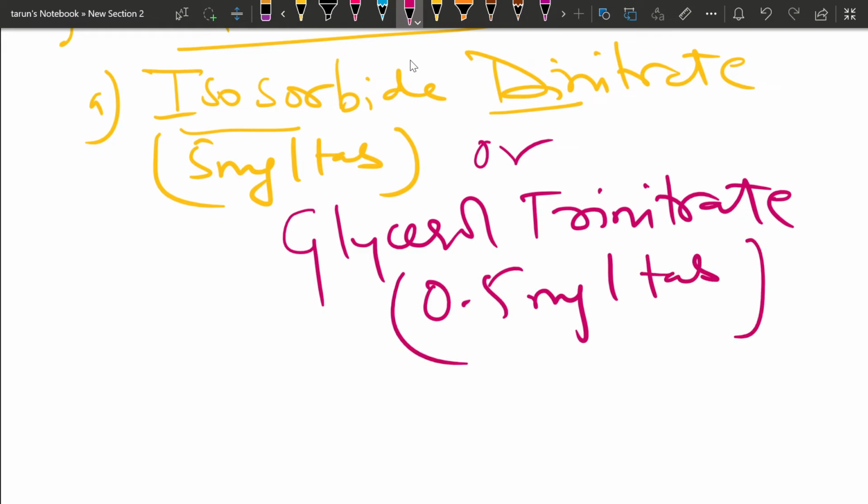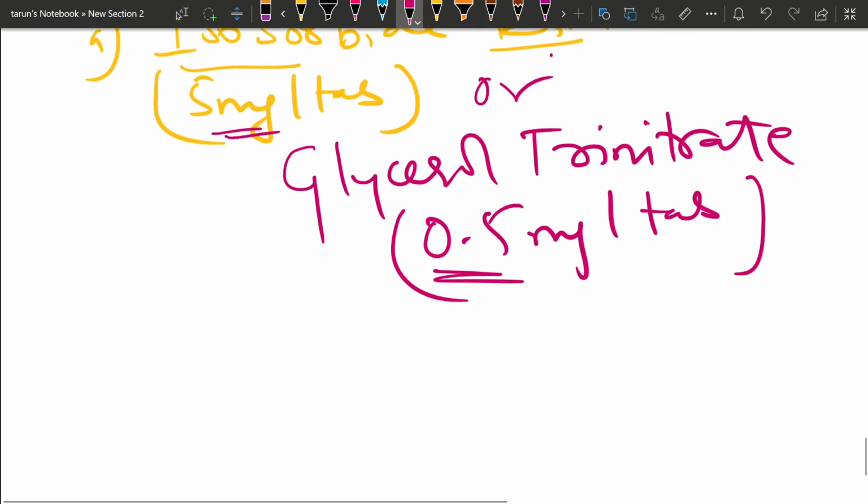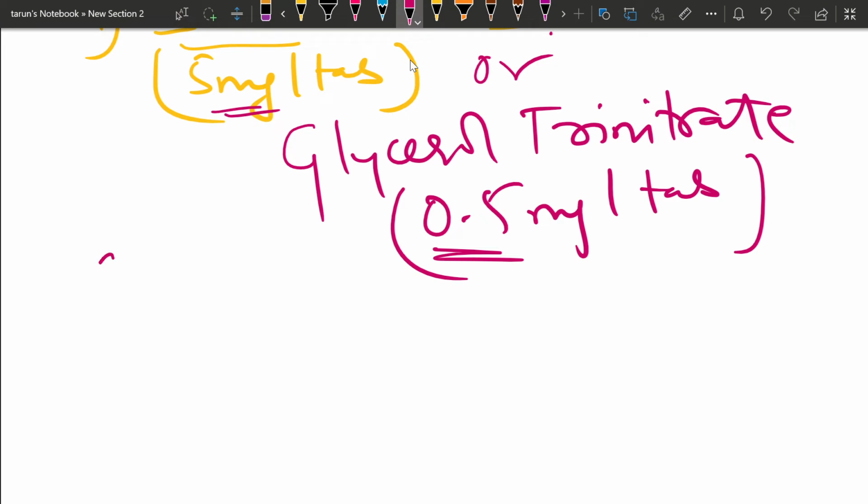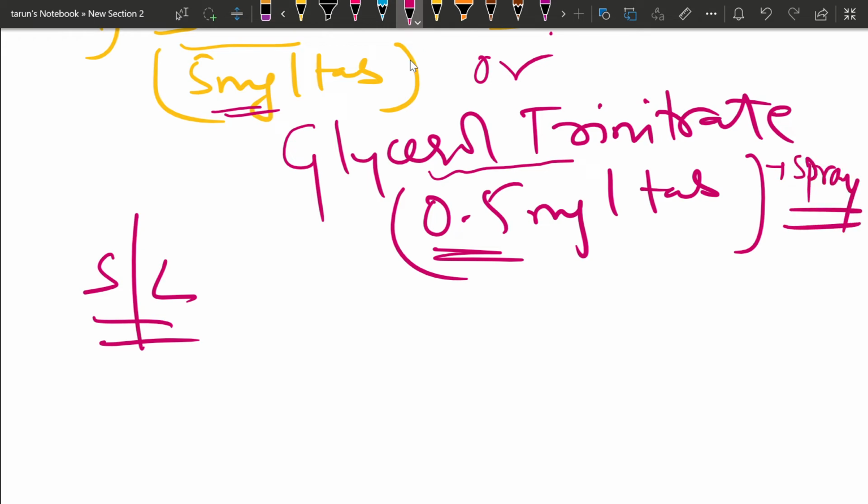Isosorbide dinitrate is 5 mg per tablet. You give it sublingually, one tablet placed under the tongue. Glyceryl trinitrate can also be used as a spray. The route of administration is sublingual.